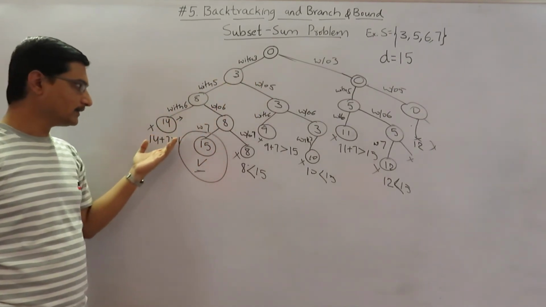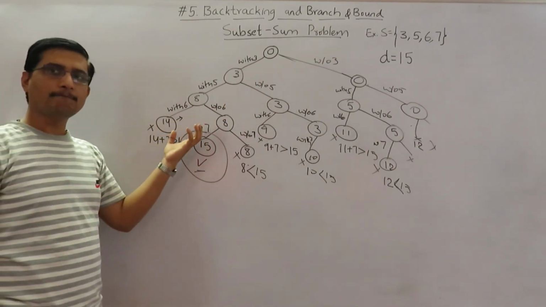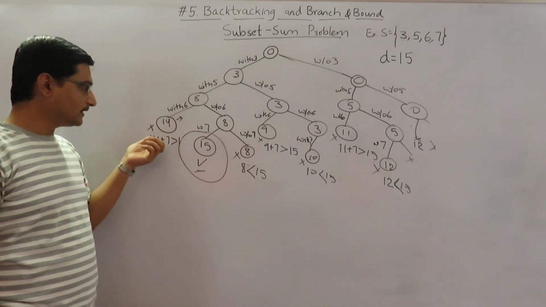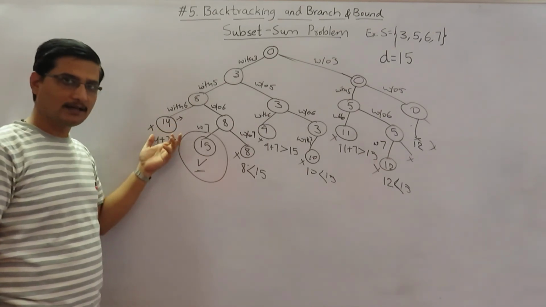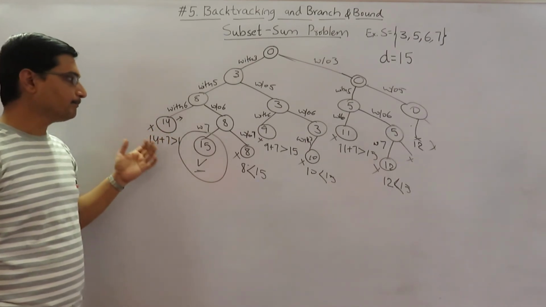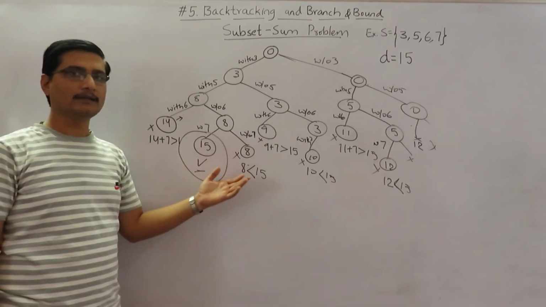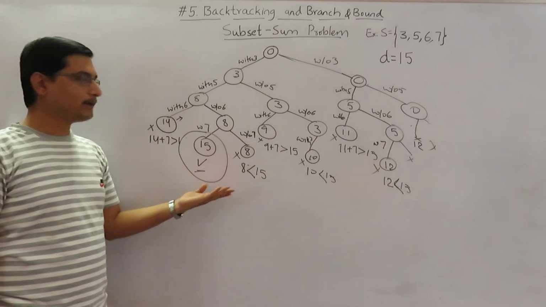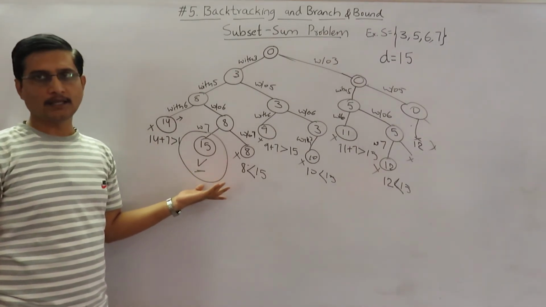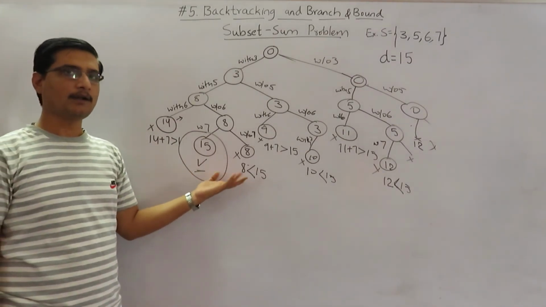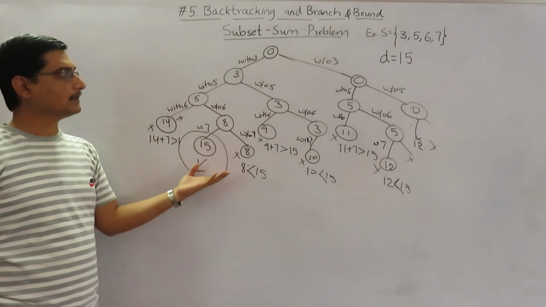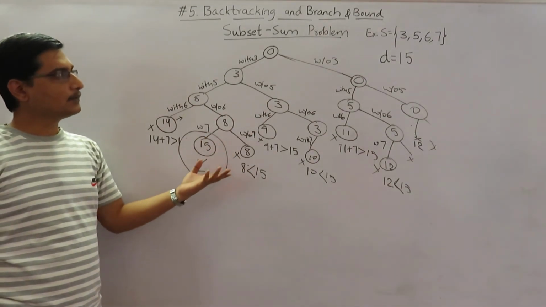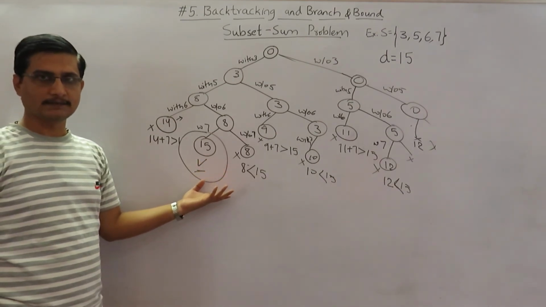Go on including the items till we reach a non-promising node in the depth first way. Then somewhere we will get the solution. If you are satisfied with a single solution, you can stop. Otherwise, you can think of going for other solutions. But almost we have done a completely exhaustive tree construction for this. Thank you.